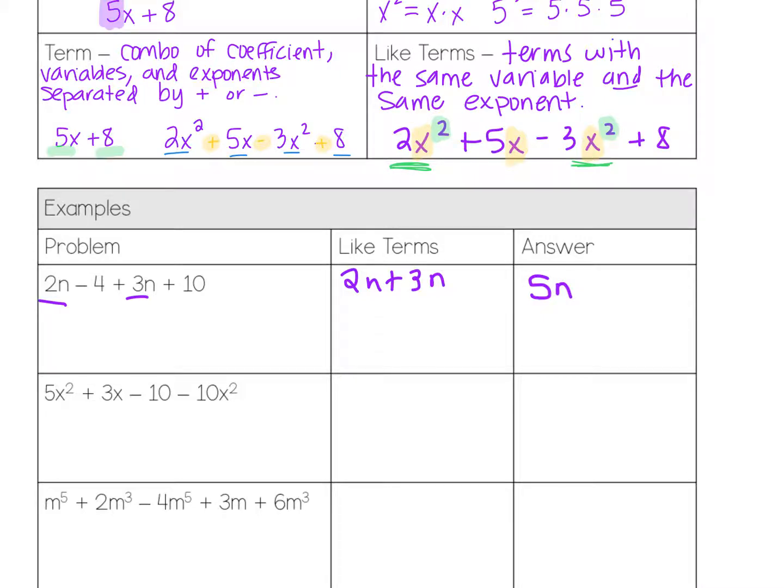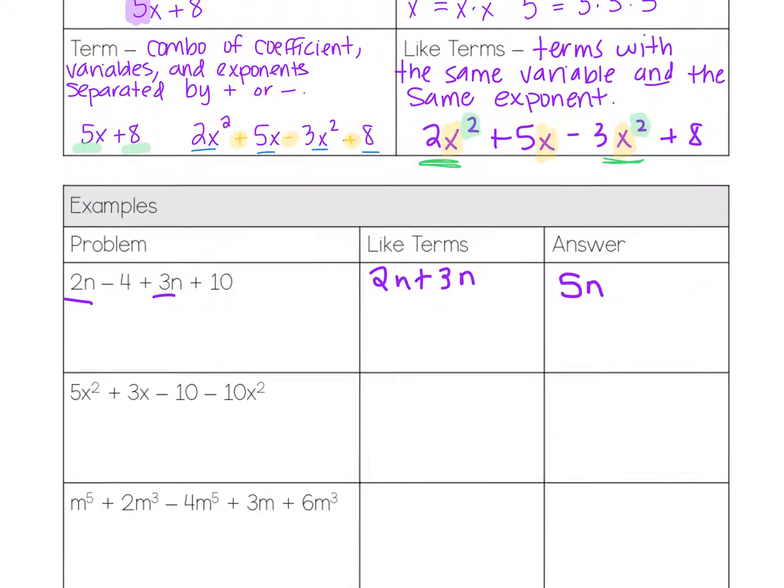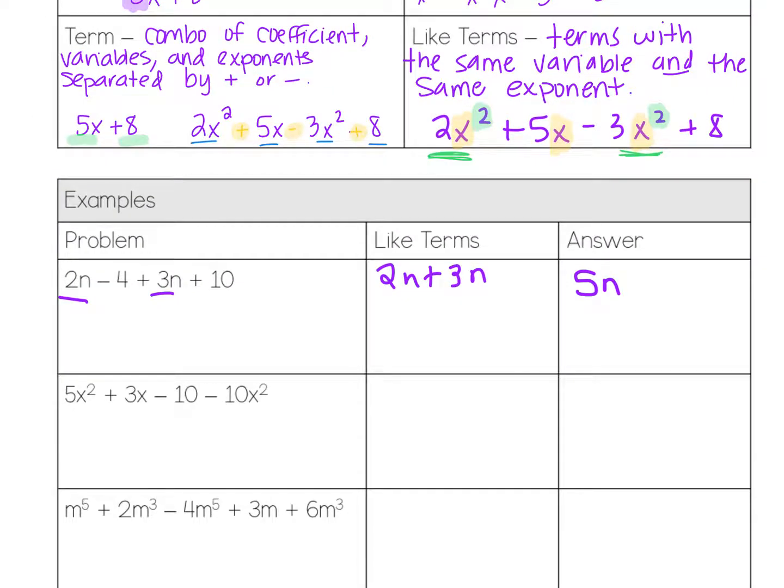But that's not enough. We have to do the other things there. So nothing else has a variable, but I do have some constants. Constants count as like terms. So I have a negative 4, and I have a 10. So what is negative 4 plus 10? That would get me positive 6. So this is my final answer.